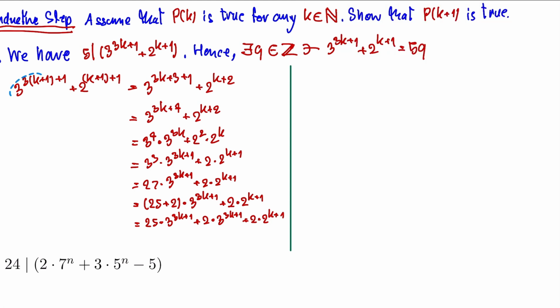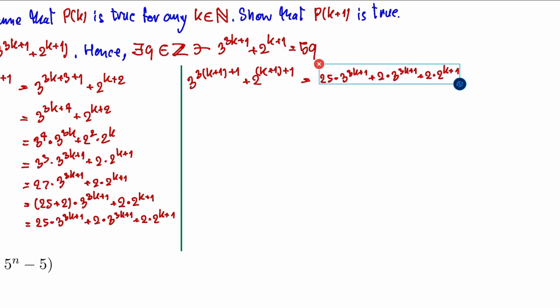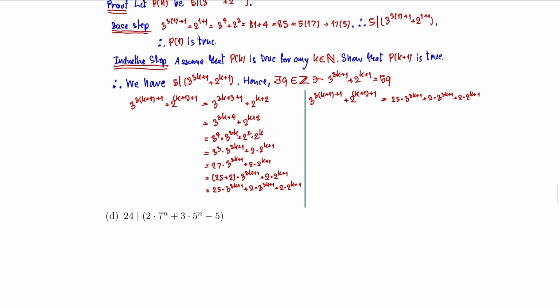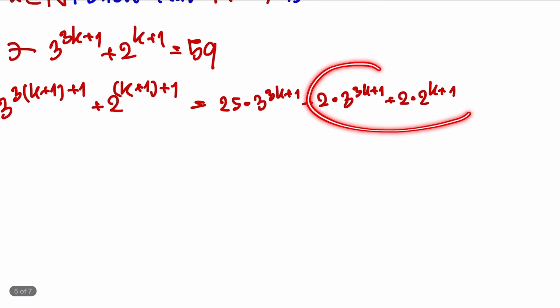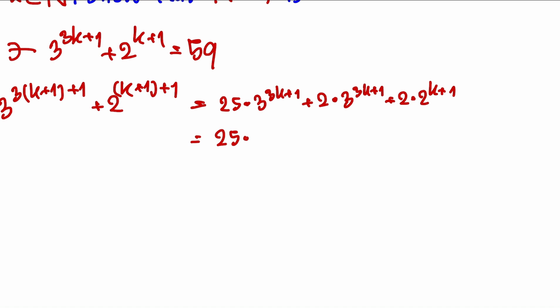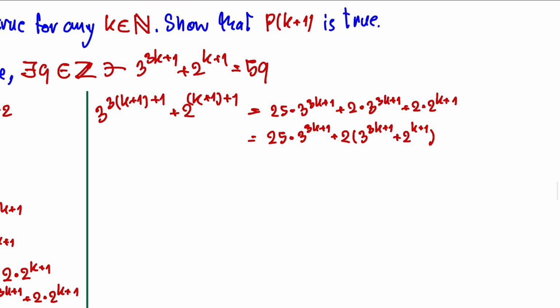Let's focus on the last two terms here. I will factorize the number 2. So we're going to have 25 times 3 to the 3k plus 1 plus 2 times 3 to the 3k plus 1 plus 2 raised to the power of k plus 1.